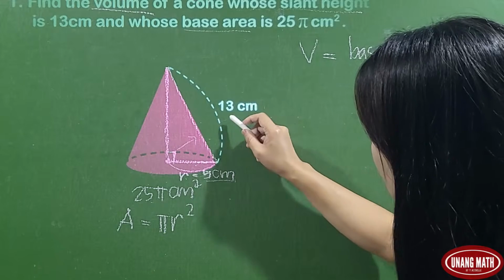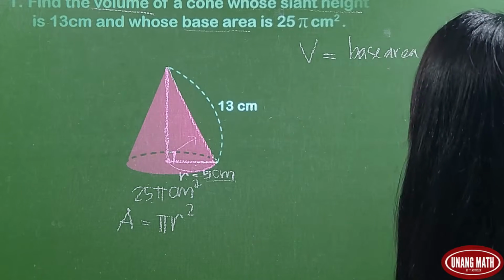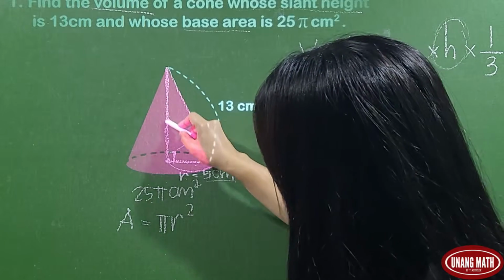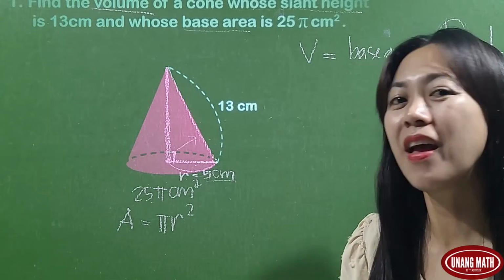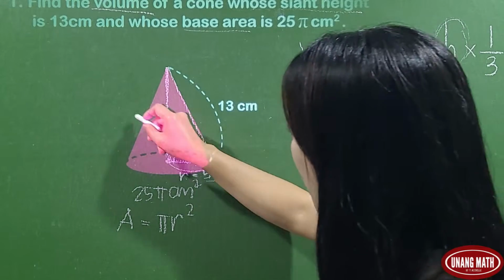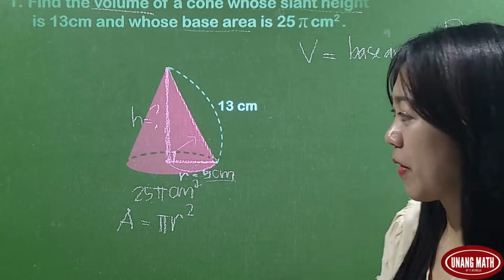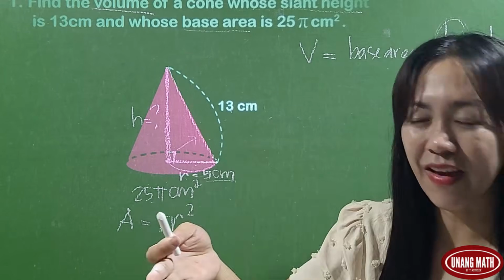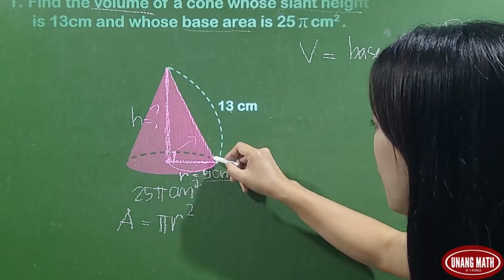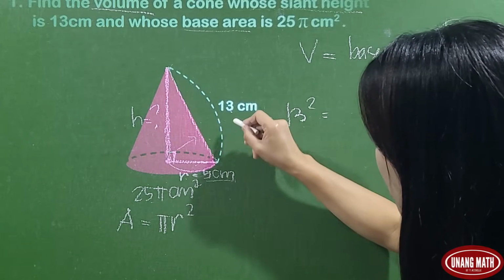So this length is 13 centimeters. Now we are looking for the height of this right triangle and also the height of this cone. So we can use here Pythagorean Theorem because two sides of this right triangle are given. Okay, so it would be 13 squared since this side is the hypotenuse.